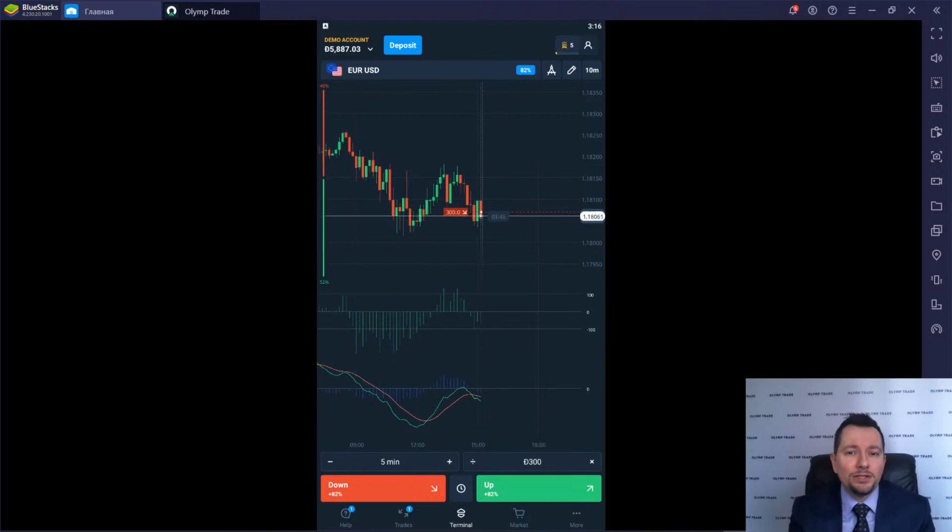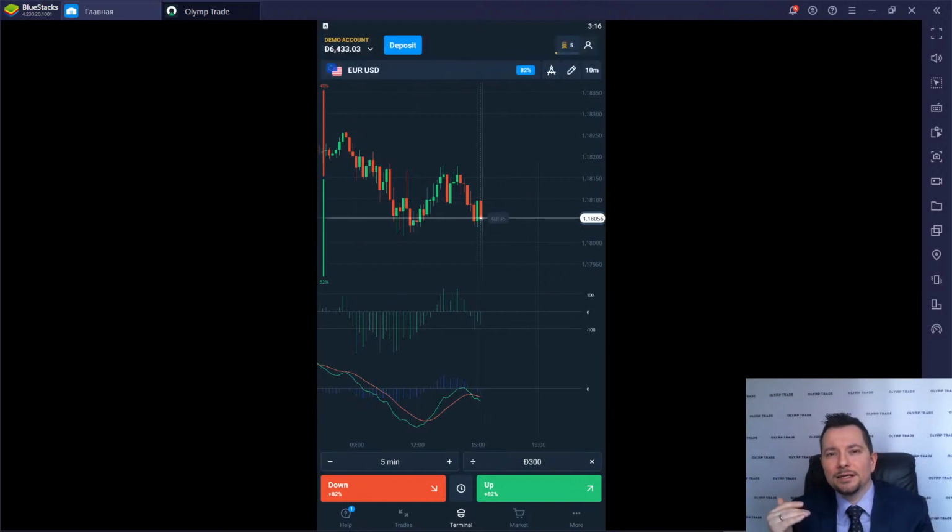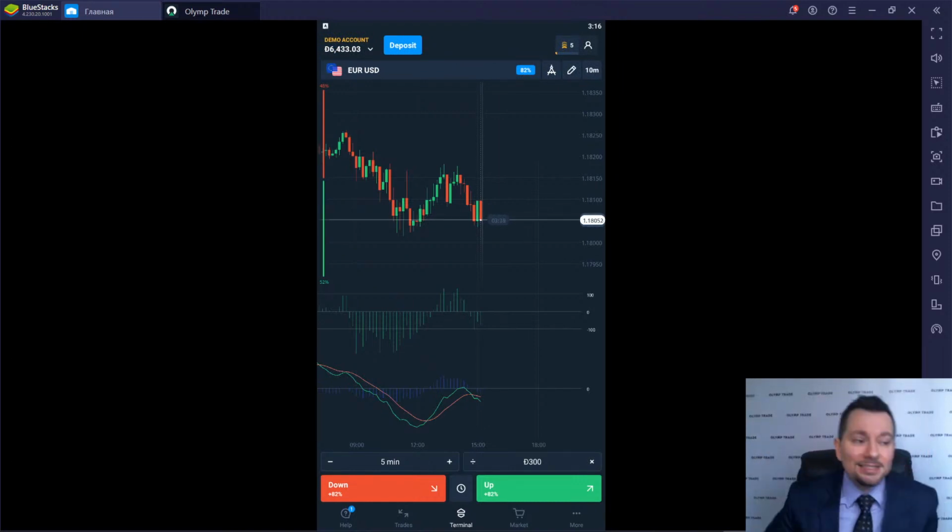another way to kind of control the strategy from getting out of hand is to use a 5% increase rule. So we talked about the ways to limit the growth of the risk. Another way is to increase trade size not by 100%, but say by 5%.